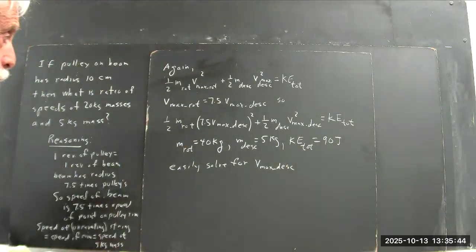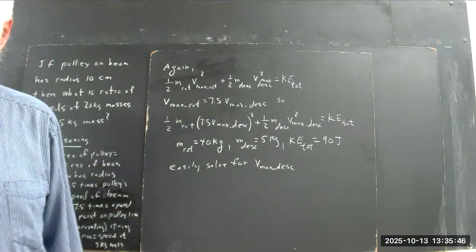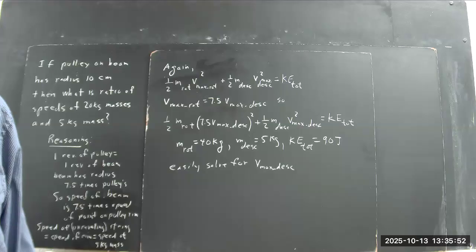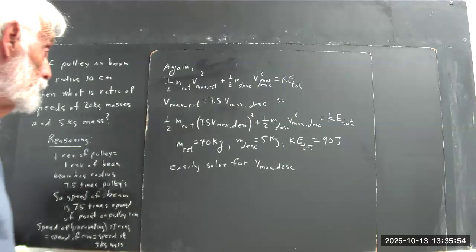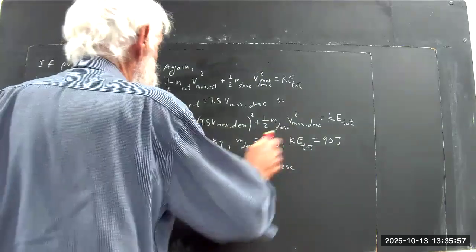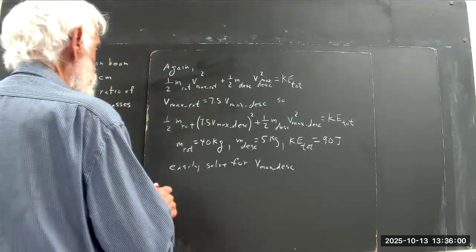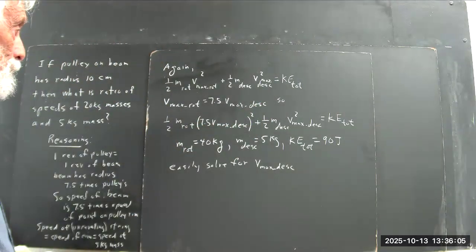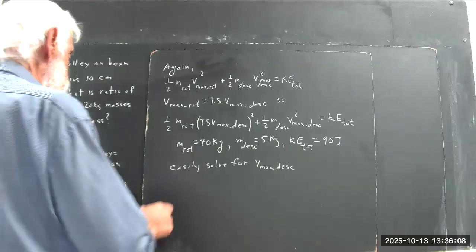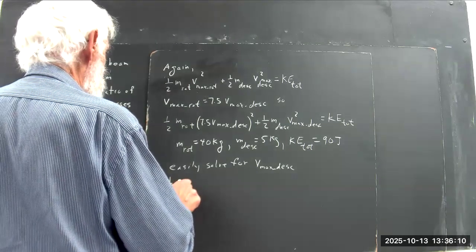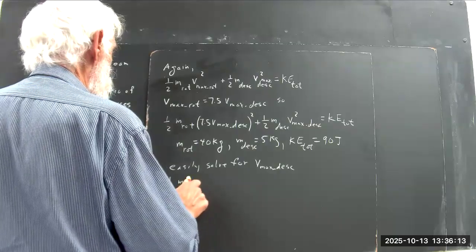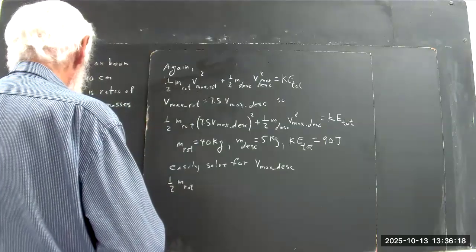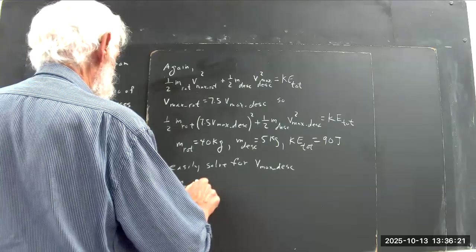So we can easily solve this equation for V max descending. I don't want to put numbers into this yet. The only number I have is the ratio 7.5. And I could even call that R. And I'm going to do that. I don't like R but I don't really have a good alternative.